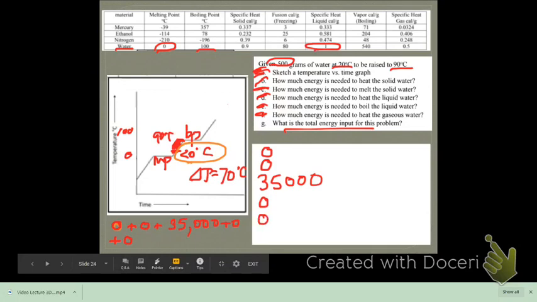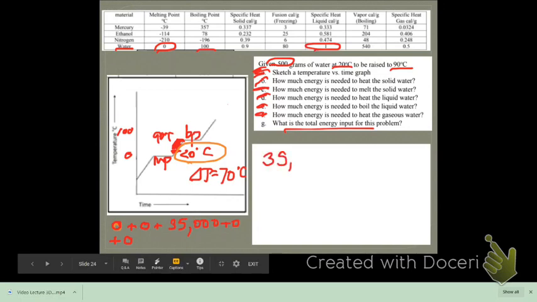So my answer to this, after I add these all up, of course, is going to be equal to just 35,000 calories.